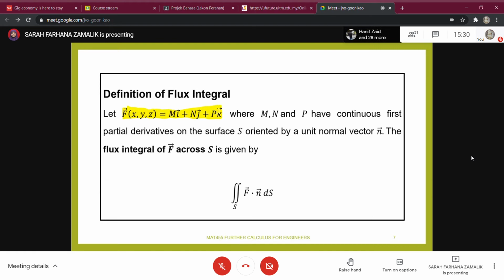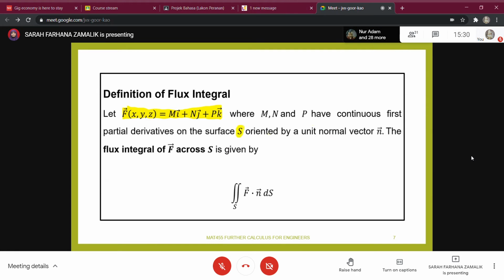Once again, komponen dia sama je, Mi plus Nj plus Pk vector. M for vector i, N for vector j, P for vector k. Where your M, N and P have continuous first partial derivative. Okay, so nanti kita nak differentiate partially. On the surface S oriented by a unit normal vector N.